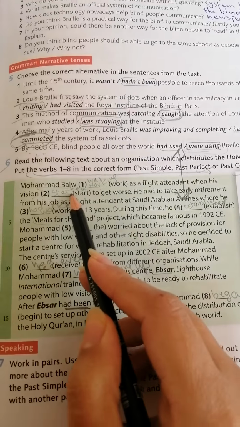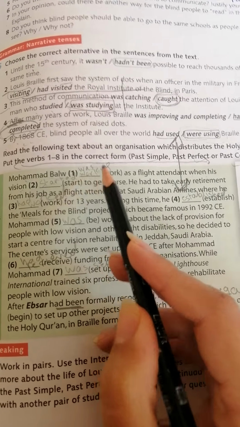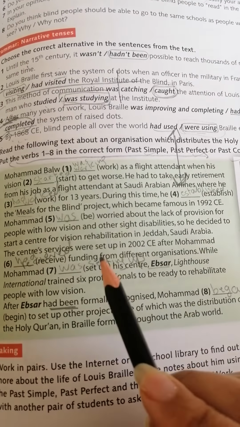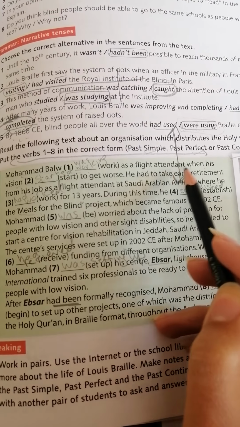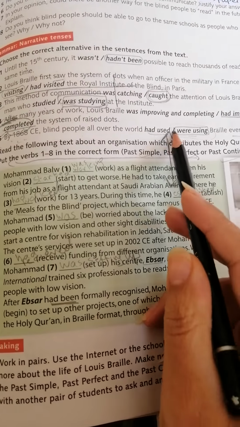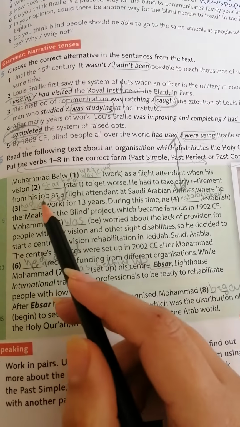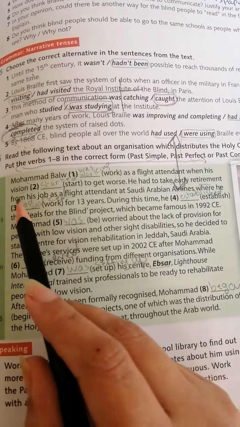His vision started to get worse. Like the idea, I was working on my project when he rang me. He was working as a flight attendant when his vision started to get worse. Interruption. He had to take early retirement from his job, meaning he had to stop working, because his vision started to get worse, meaning he is going to be blind.